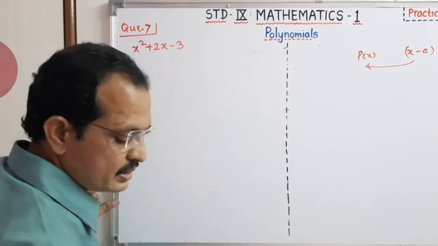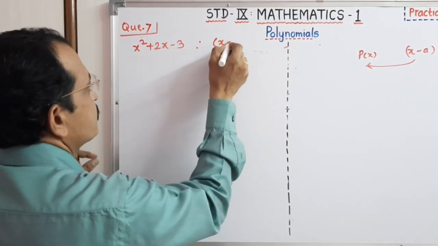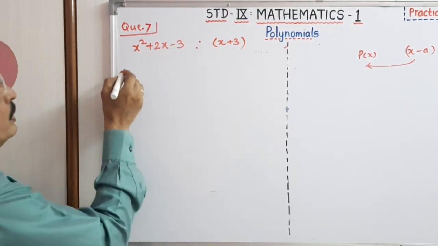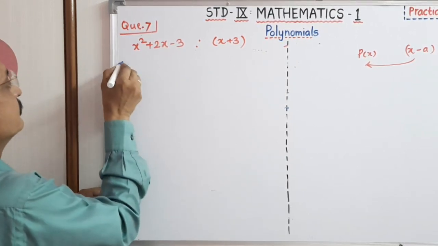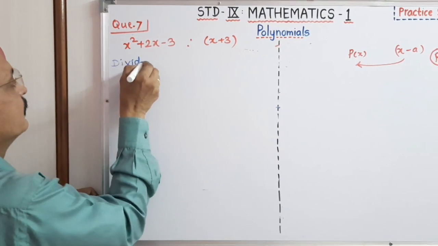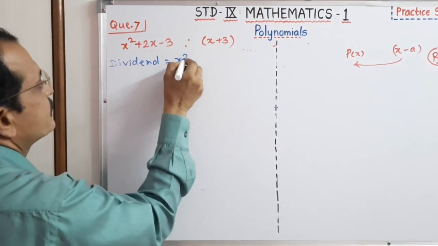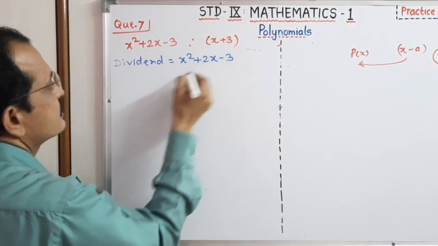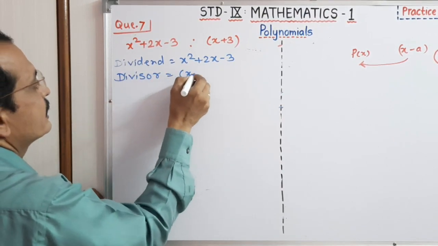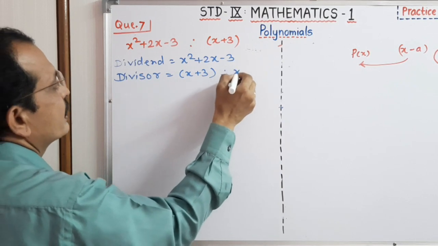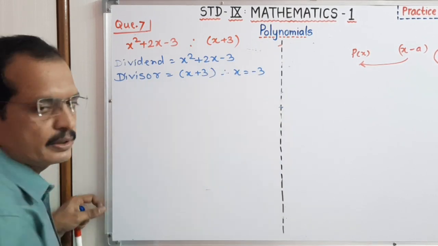Now see here, x plus 3. First of all, dividend is equal to x square plus 2x minus 3. Divisor is equal to x plus 3. Therefore, x is equal to minus 3.